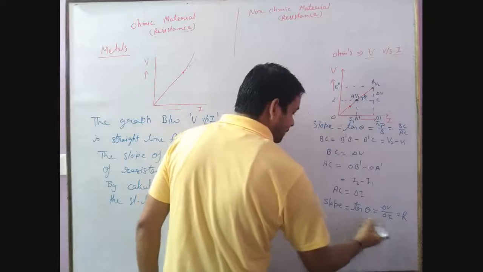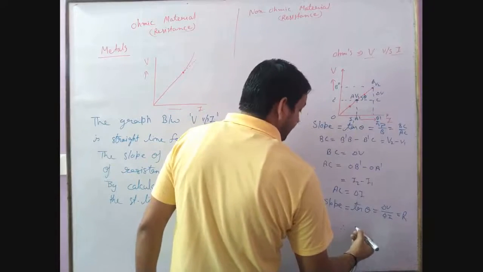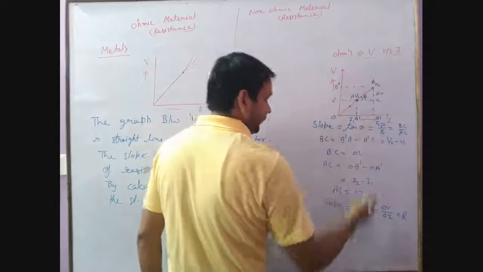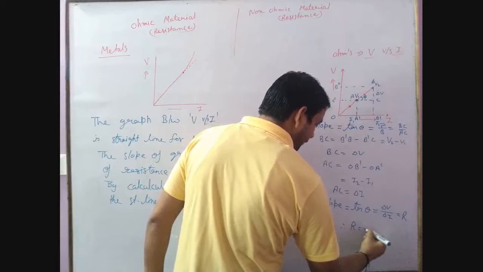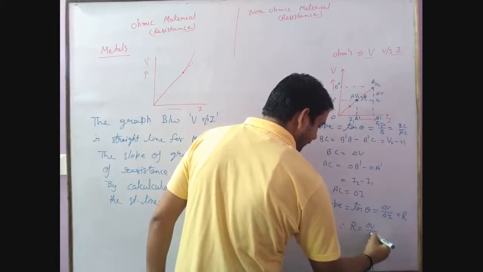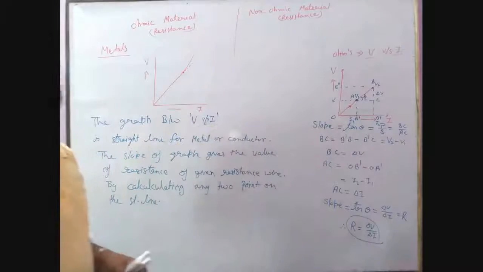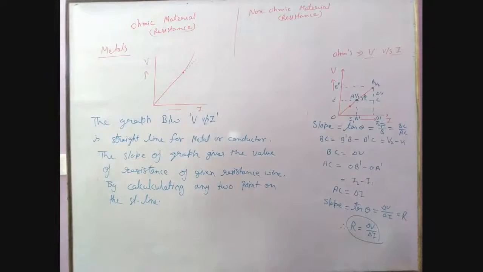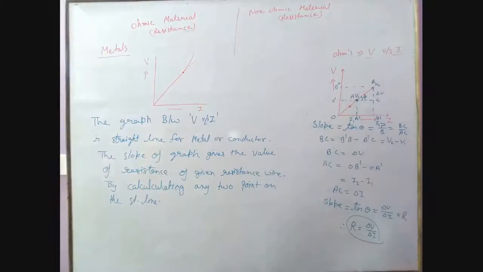That means the slope of the straight line in a V versus I graph gives the value of resistance, del V upon del I. Okay, this is the verification of Ohm's law for the conductors.